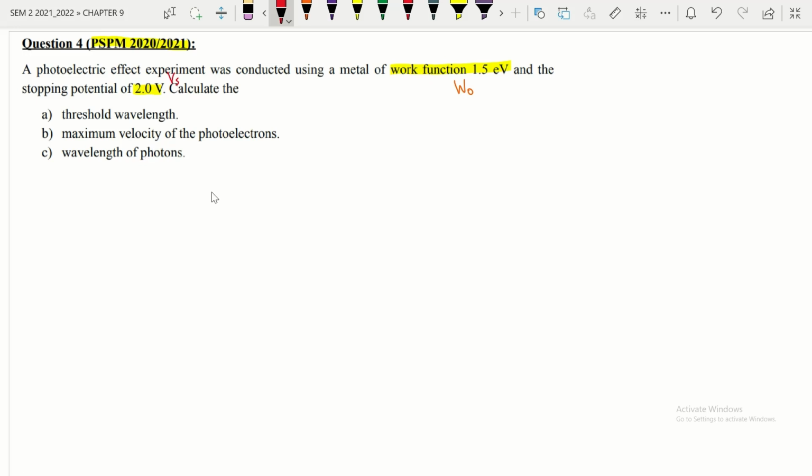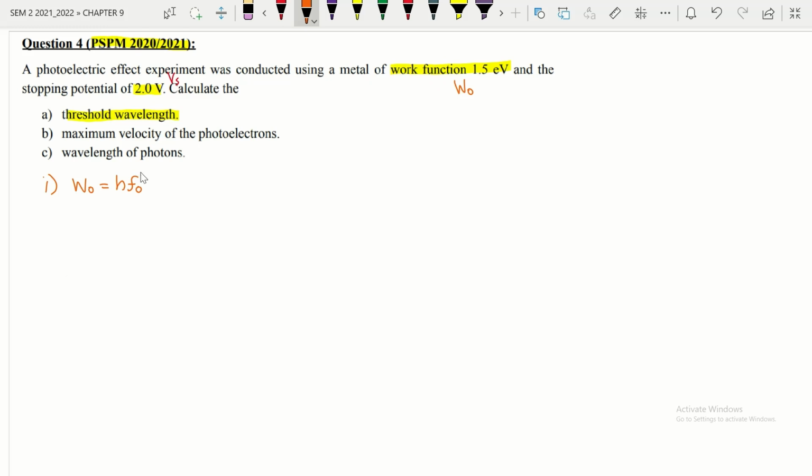Okay, so now the first question asks for threshold wavelength. How do you find the threshold wavelength? We can find the threshold wavelength using the work function formula, which is work function equals Planck constant times threshold frequency.